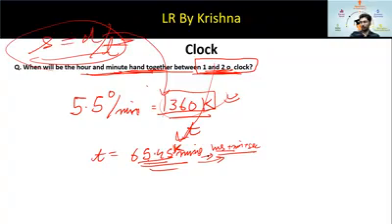If there is any doubt, let me know in this question. Convert this into hours, minutes, and seconds, and tell me what the answer will be if K equal to 1.